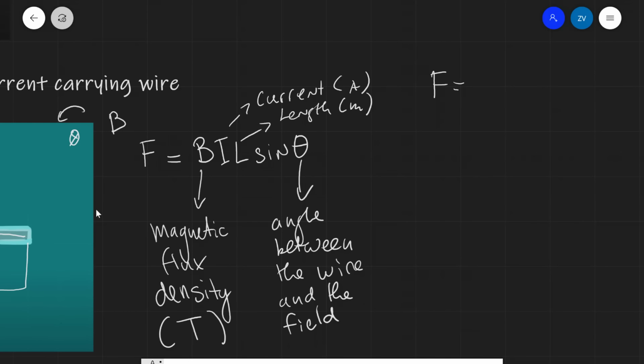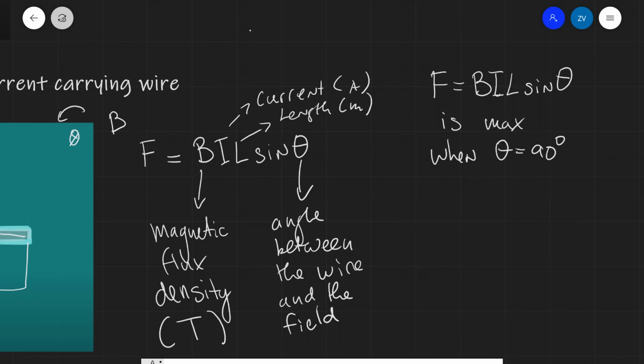So F is equal to BIL sine theta is a maximum when theta is equal to 90 degrees. This is because sine of theta would then be equal to 1.